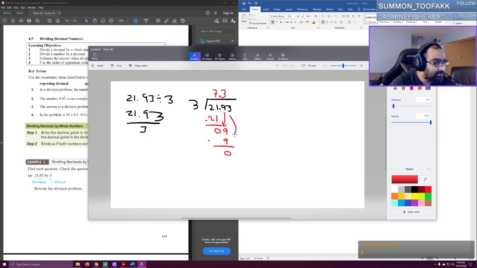Bring down the 3. And 3 goes into 3 one time. Now we've found our answer. The answer for this problem is 7.31. That's your final answer.